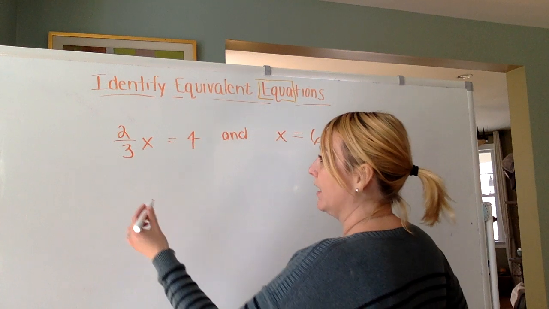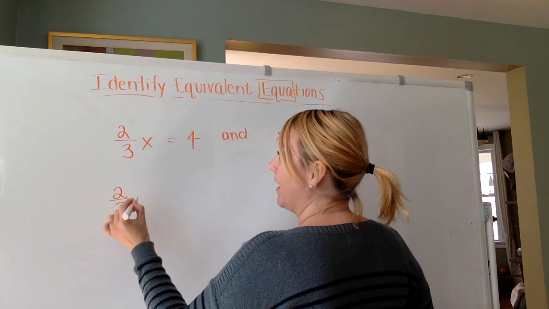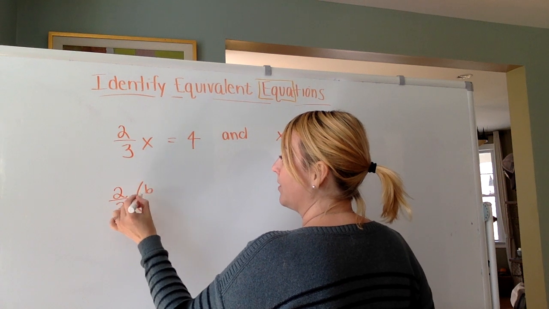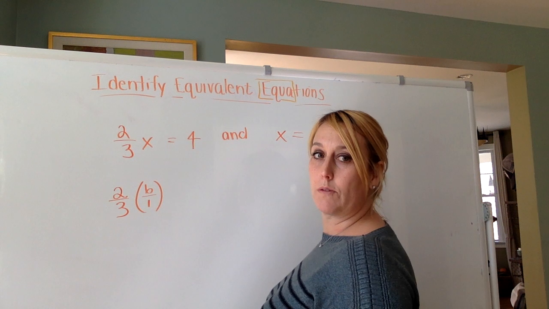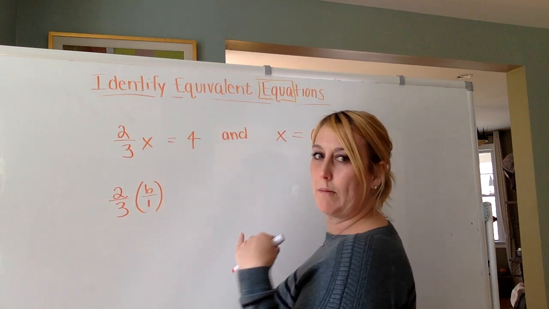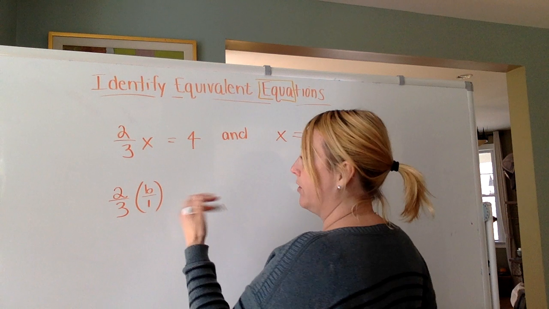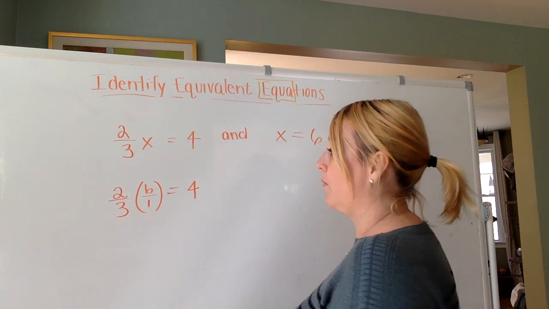So here is 6. So over here, I'm going to write 2/3, and for x we're substituting the value of 6. And I just wrote it as 6/1 because I know I'm doing multiplication here. And I just want to make sure that my numerator and denominator are lined up. And then equals 4, because that's what we've been provided with.